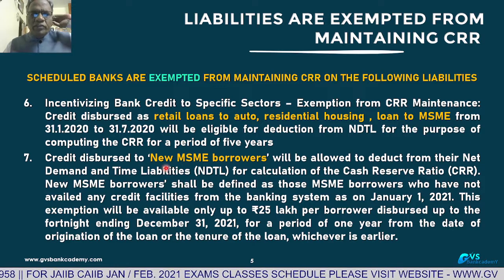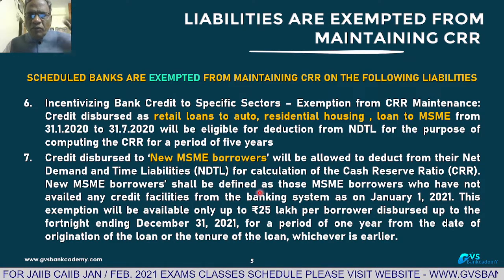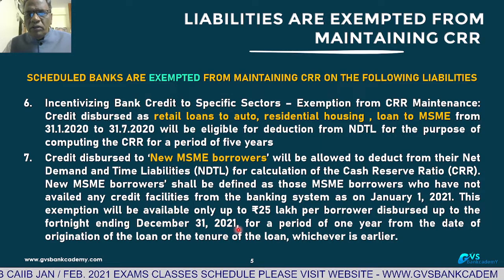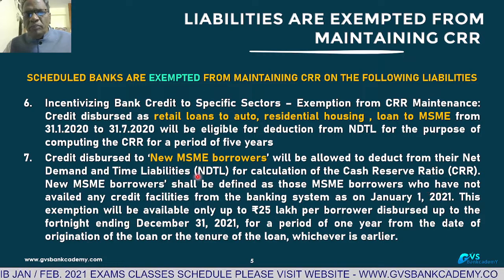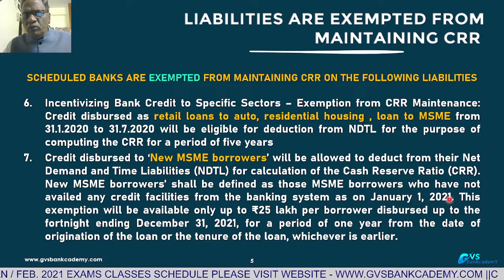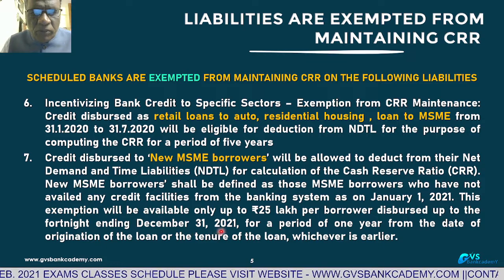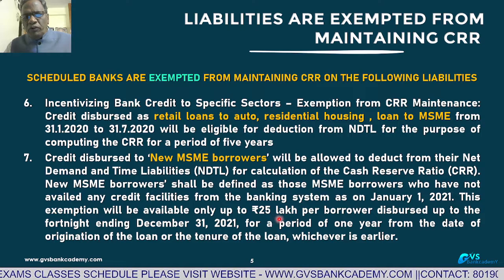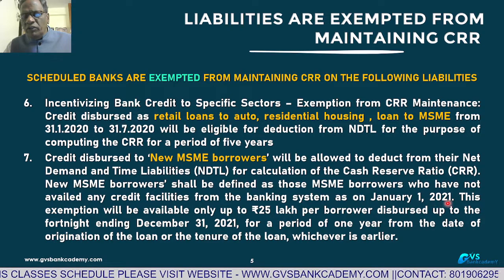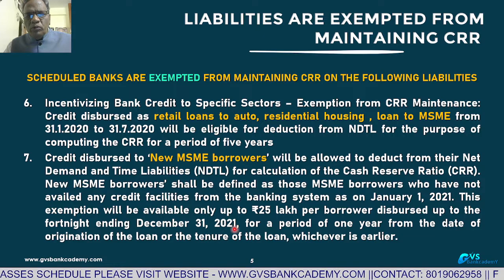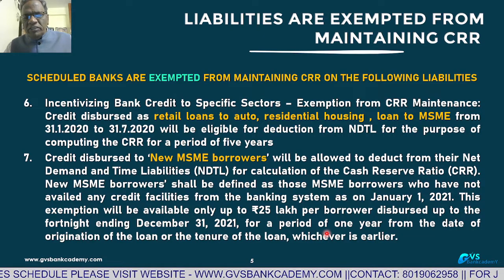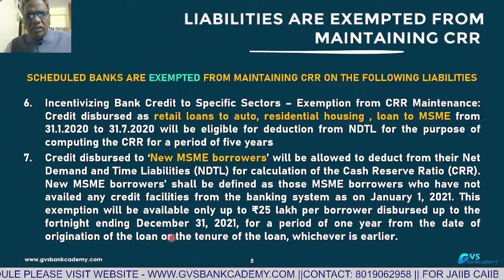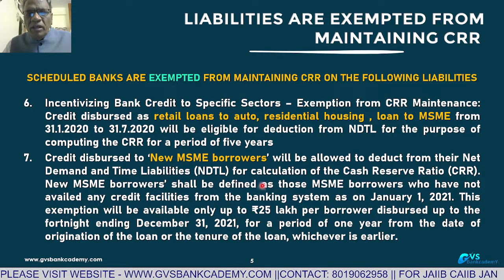Whatever loans are sanctioned to new MSME borrowers from 1st January 2021 to 31st December 2021, loans up to 25 lakhs, for a period of 1 year from the date of sanction, can be deducted from the NDTL.